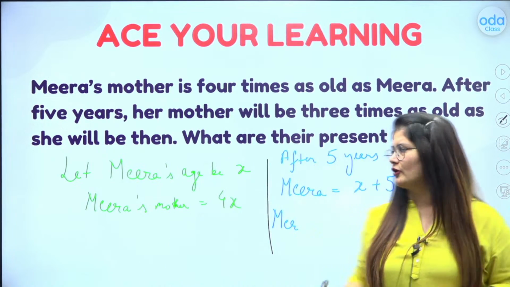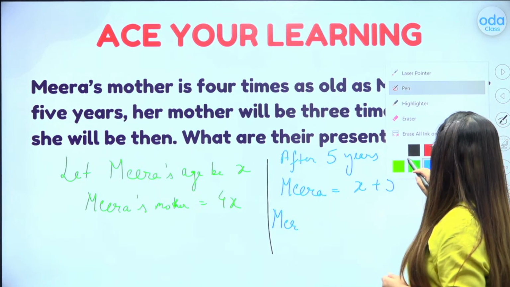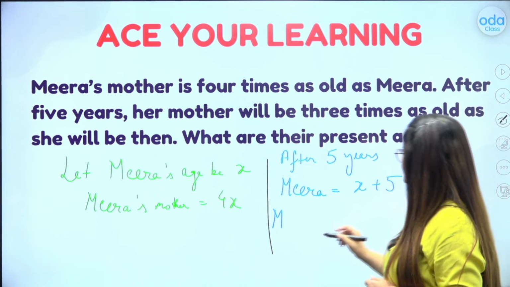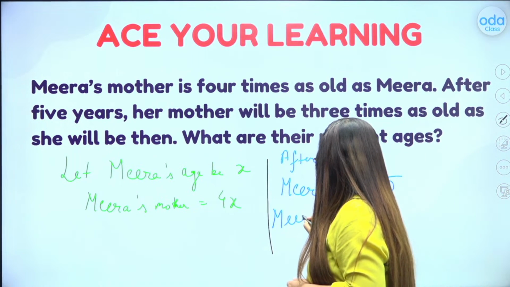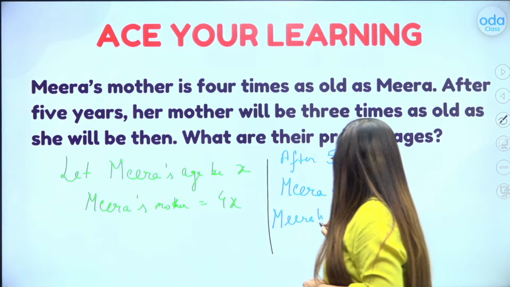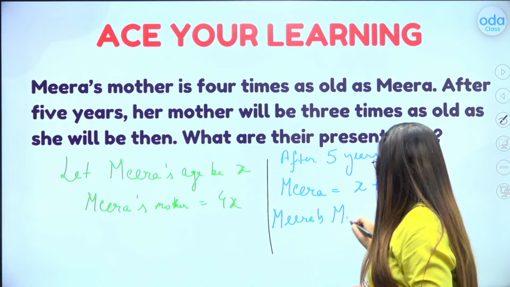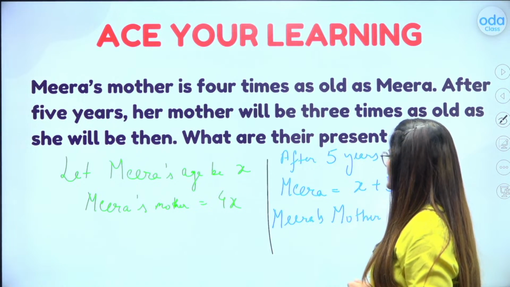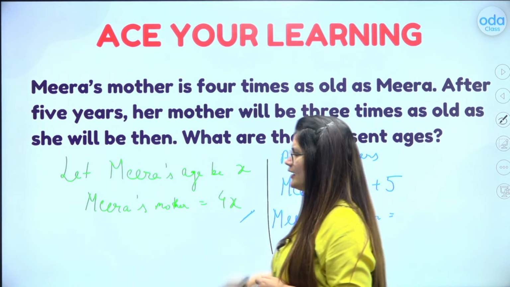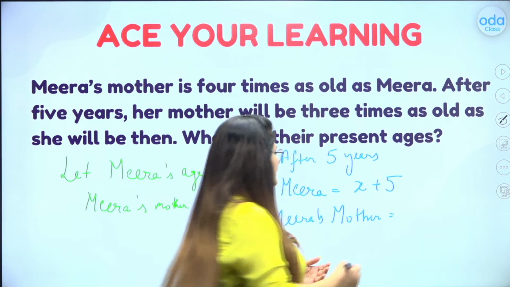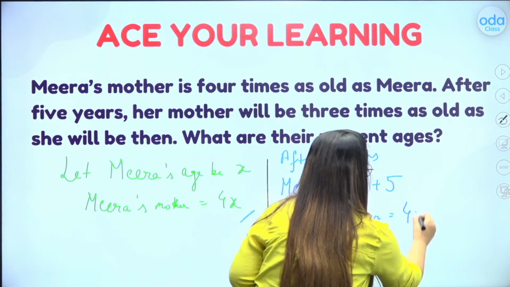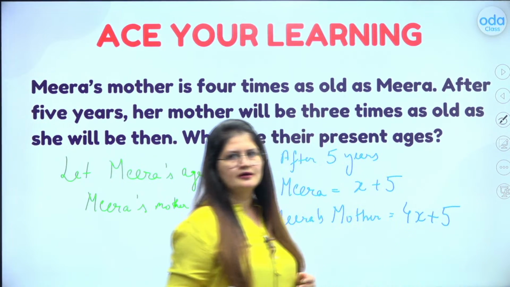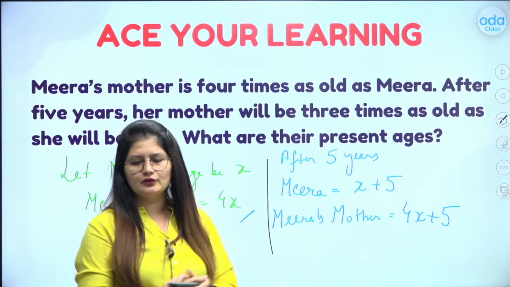Meera's mother's current age was 4x, so after 5 years, her age is going to be 4x plus 5. I hope this is clear to you.